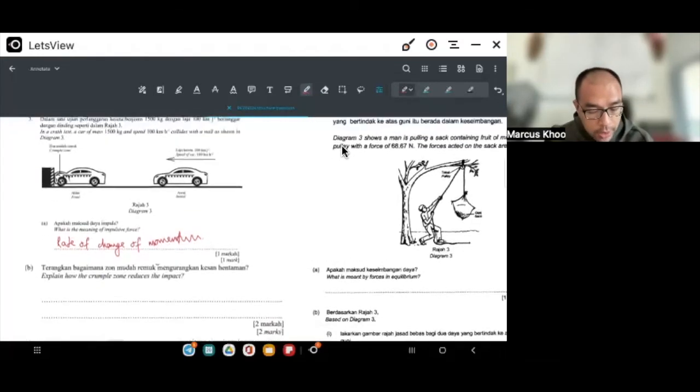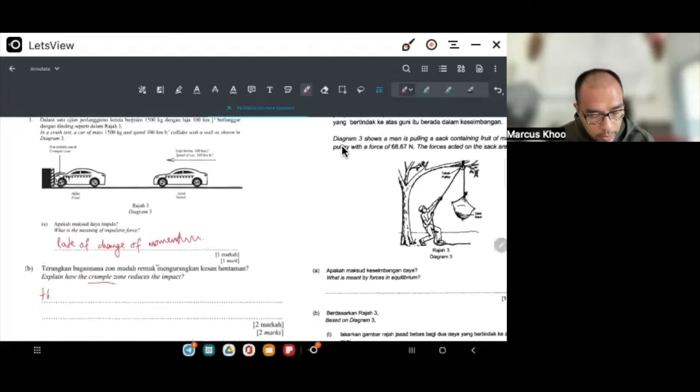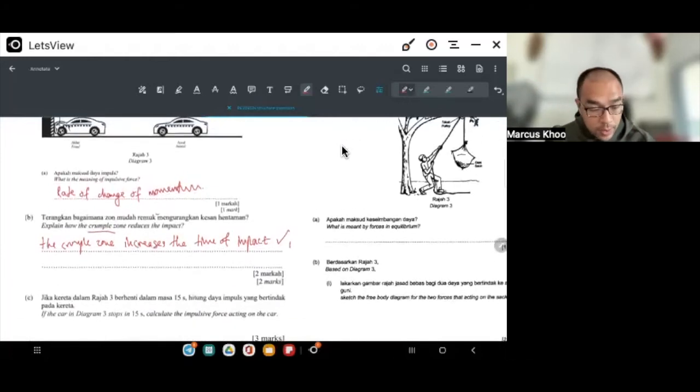So the crumple zone increases the time of impact, 1 mark. And then as a result, it reduces the impulsive force.